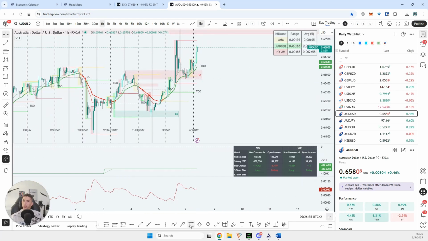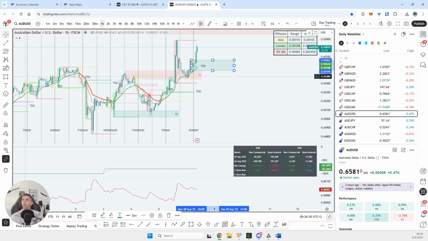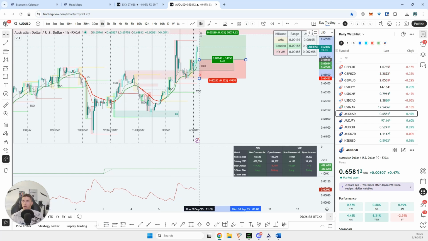Rejected the moving averages. It's aligned, it also aligns, so look at this right here, and this one goes right here.